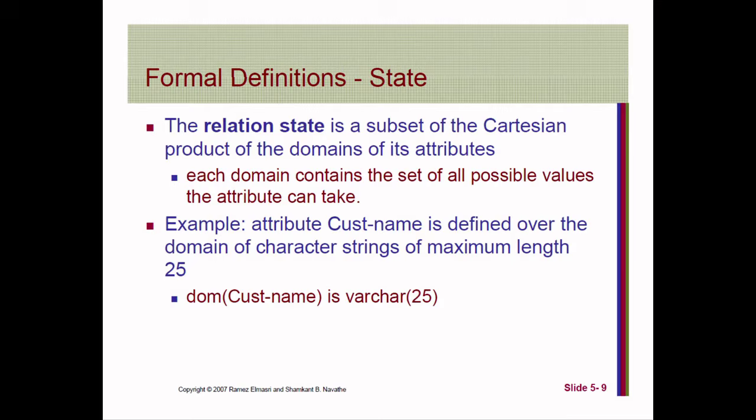So now if we generalize, we get this definition: the relation state is a subset of the Cartesian product of the domains of its attributes. And of course, each domain contains the set of all possible values the attribute can take. So the domain of customer name, let's say, is varchar 25, meaning it can take any string of up to 25 characters.